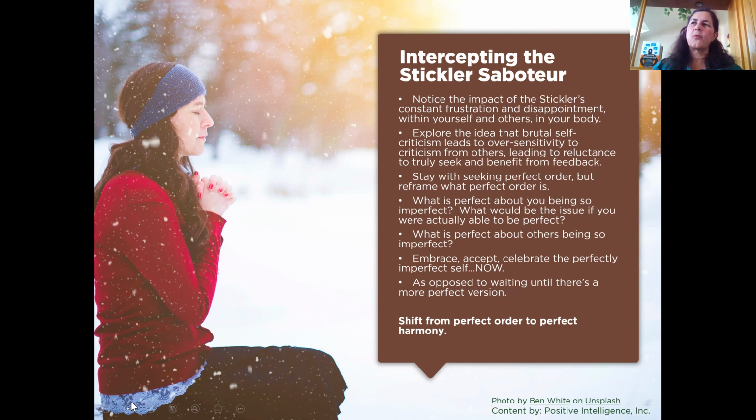So that's kind of another way to think about developing the humility and the appreciation for imperfection. So you can go for order, but you can also see beauty in imperfection.